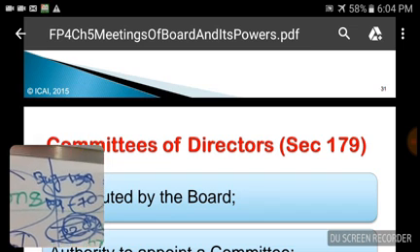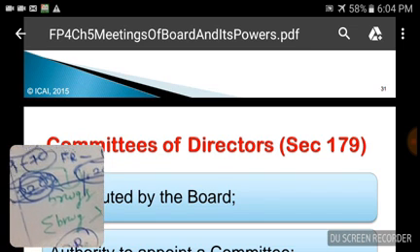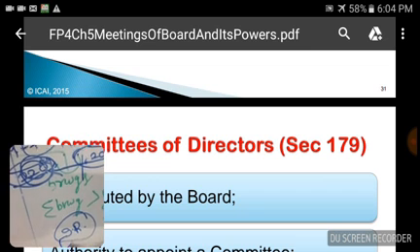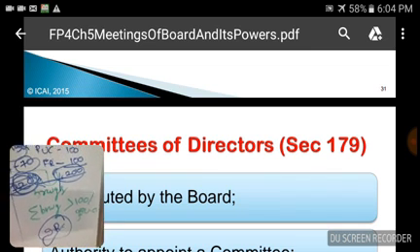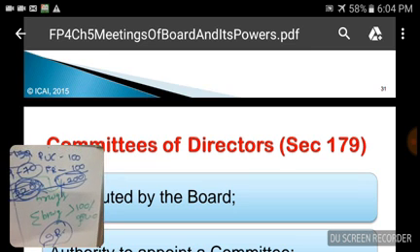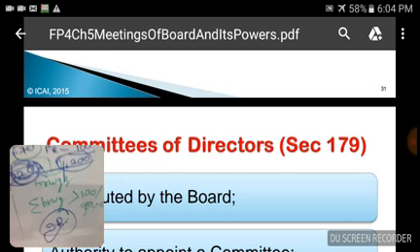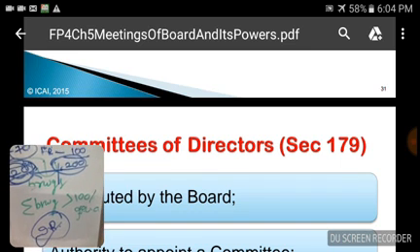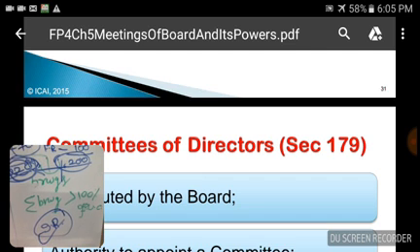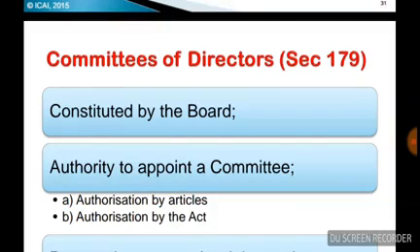Up to 5% of the average profits of three years can be donated to the charitable trust. If excess is wanted to be given, then a general meeting has to be held and permission from the shareholders has to be taken. That means up to 5% need not take the approval from the shareholders, but if it exceeds 5%, then an ordinary resolution, not a special resolution, has to be taken.